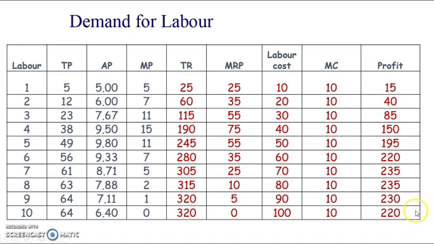Now, if we look down the column, I'll just get my pen, we can see that profit is going to be maximised here. And this fits with our profit maximising rule, actually, that profit is maximised when marginal cost is equal to our marginal revenue product.